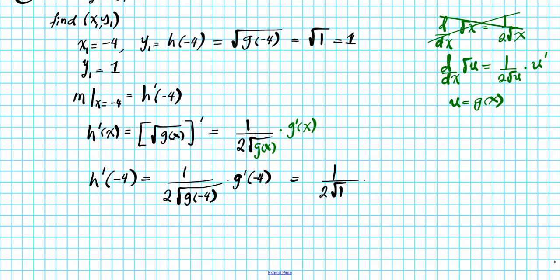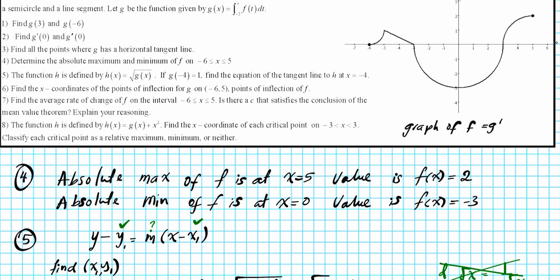So let's write that down. Since g prime of x is equal to f of x, g prime of -4 is going to be f of -4. This is an antiderivative, so the derivative of g is going to be f.